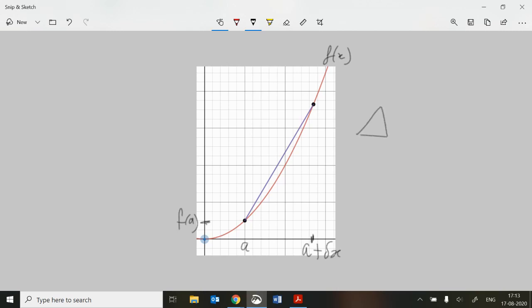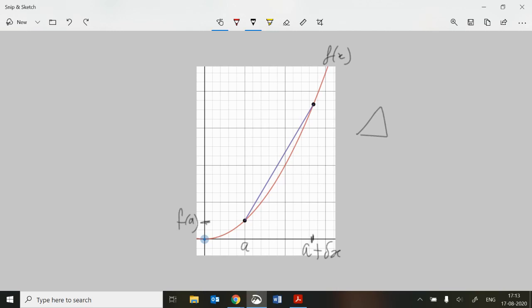Remember, capital delta means change in, at least often in our mathematics, in our formulas. And so if we use capital delta, we'd say, for example, change in y divided by change in x is equal to your gradient. We know that between any two points, change in height divided by change in distance across gives us our gradient.